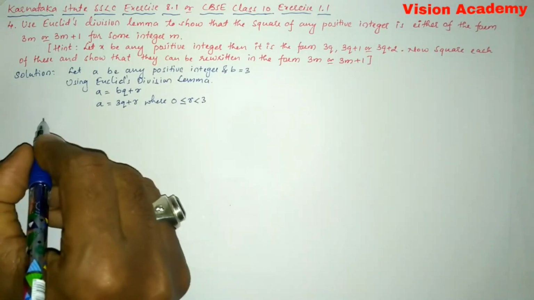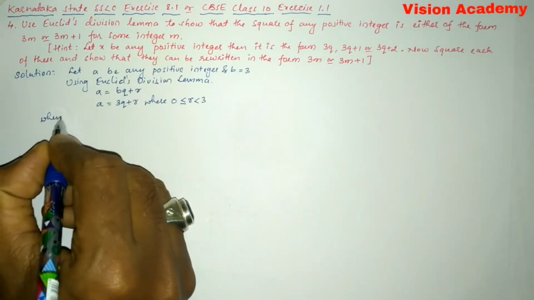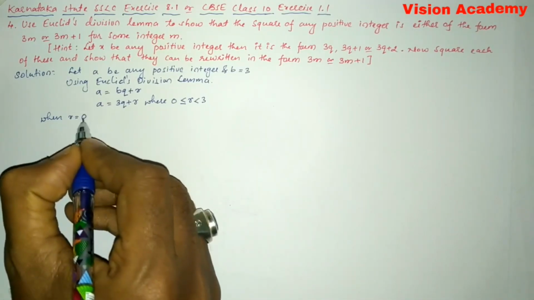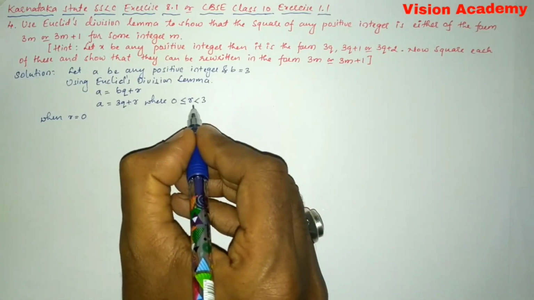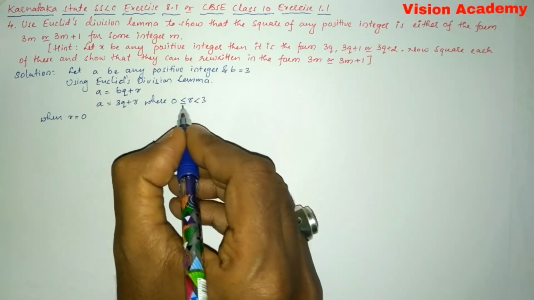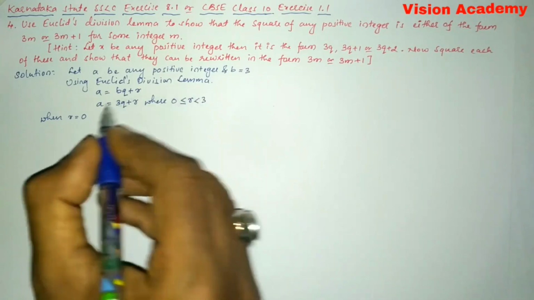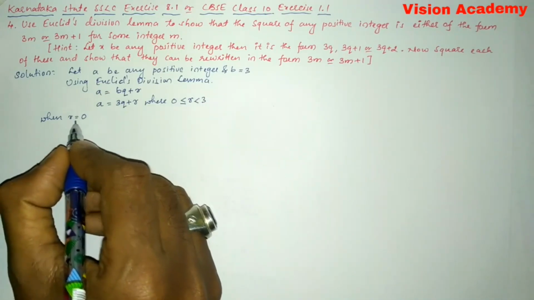Now we are going to get the values of the remainder as 0, 1, 2, because r is less than 3. Here we can say r is equal to 0.